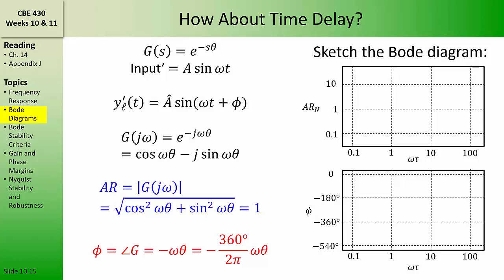Now you prepare the Bode diagram by plotting the normalized amplitude ratio and phase angle on these plots, and see if they match the ones that I've produced. The normalized amplitude ratio is equal to 1 for all values of omega tau, and the phase angle decreases as omega tau increases, and approaches minus infinity as omega tau goes to infinity.